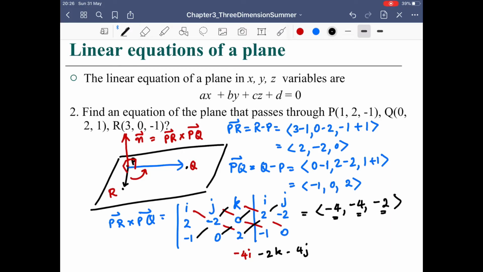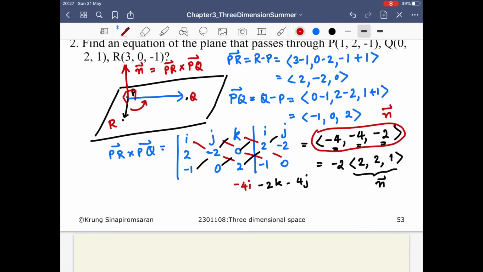If you are good, you may say this is -2, and then it is 2, 2 and 1, and you can say that this is your n. However, if you don't know what is going on, then this can be your n as well. It doesn't matter. All right, so right now we have the normal vector.